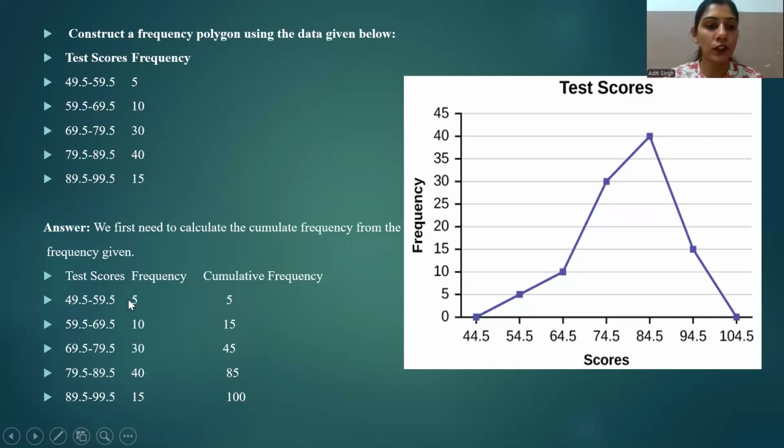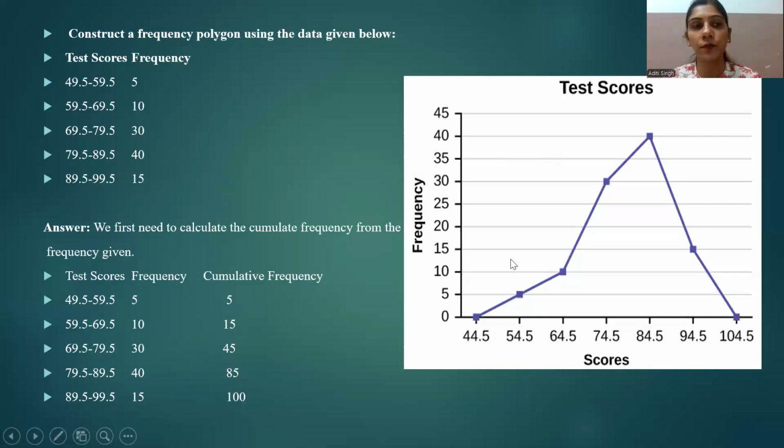The total of this frequency is 100. We are adding this frequency. First is 5. After that, 5 plus 10, 15. 15 plus 30, 45. 45 plus 40, 85, and 85 plus 15, 100. So this is our cumulative frequency.